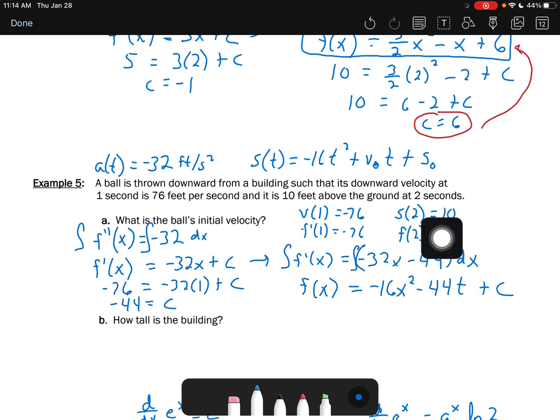So at time 2, my position was 10, or f of 2 would be 10, so I'm going to put a 10 here, and that was when x was 2.